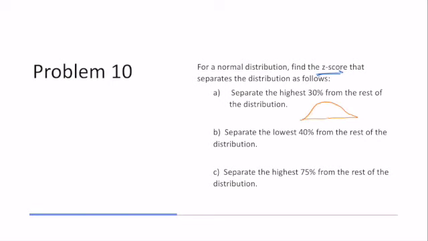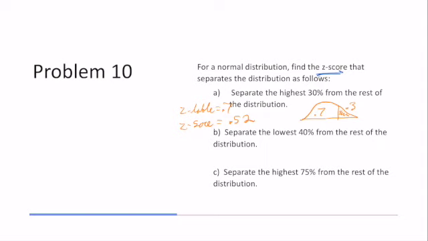So I want this area over here to be 0.3. Remembering the total area under a normal curve is 1, so the area over here would be 0.7. So I have a z-table value of 0.7, and if I go into my z-table and find the z-score associated with 0.7, that's going to be 0.52.